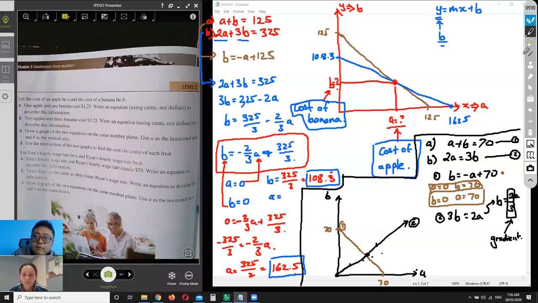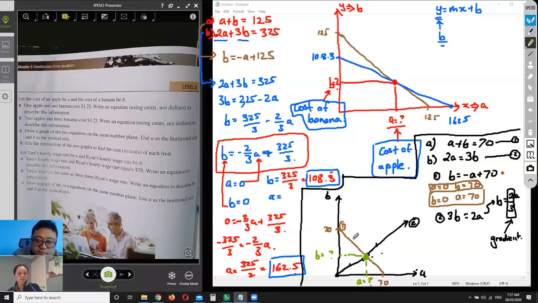Got it? And then you would use that point and that point there. What would this point tell us? A. And this point would tell us the value of B. What do they represent? Zara's wage and Ryan's.